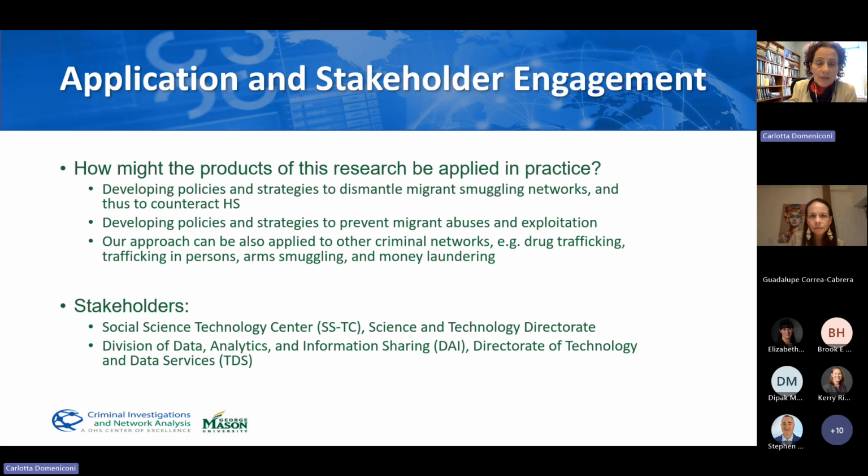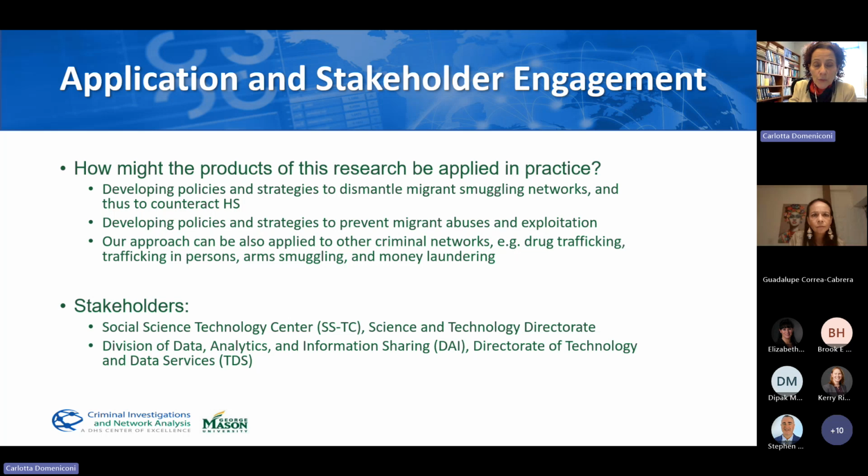So how can our findings and discovery be applied in practice? We see a number of possible applications. Our findings can help developing policies and strategies to dismantle migrant smuggling networks, and therefore eventually to counteract them.